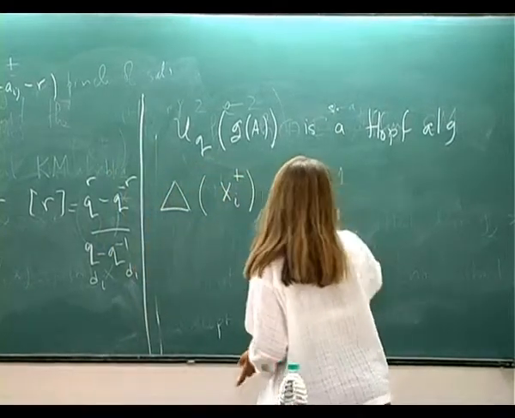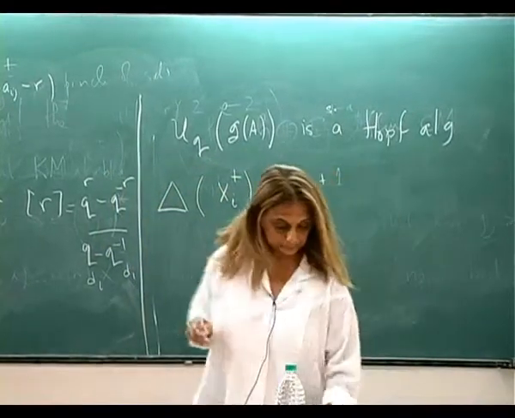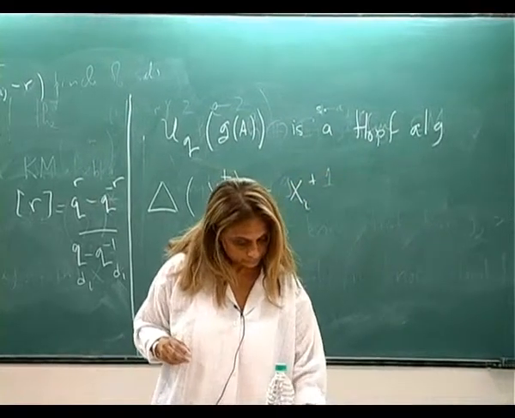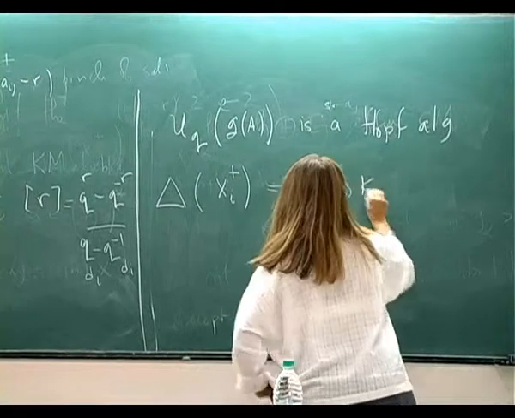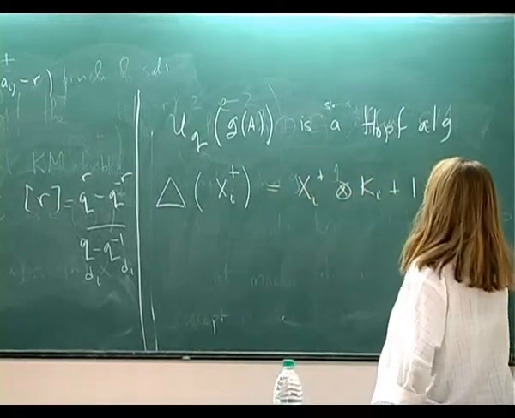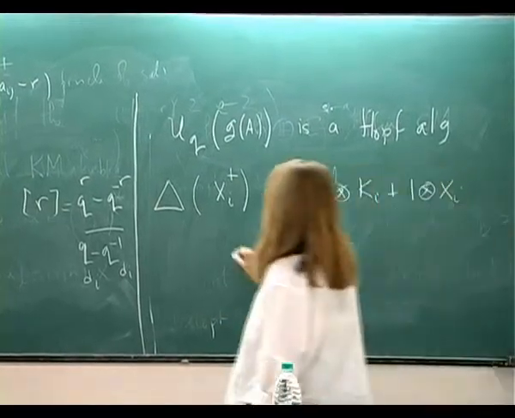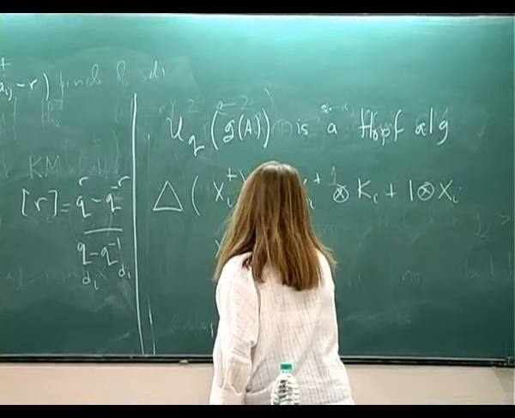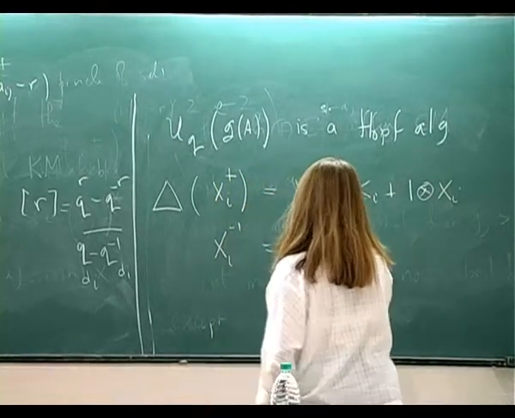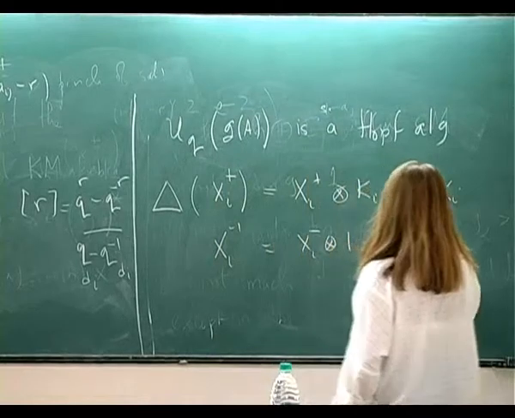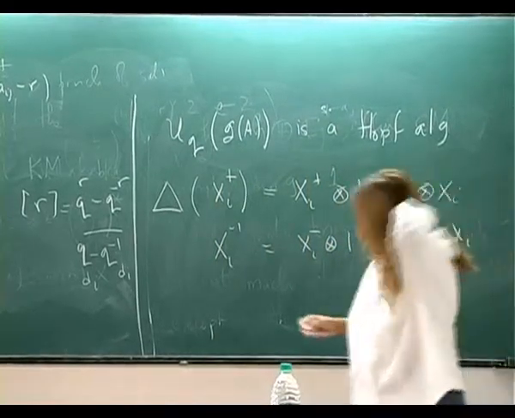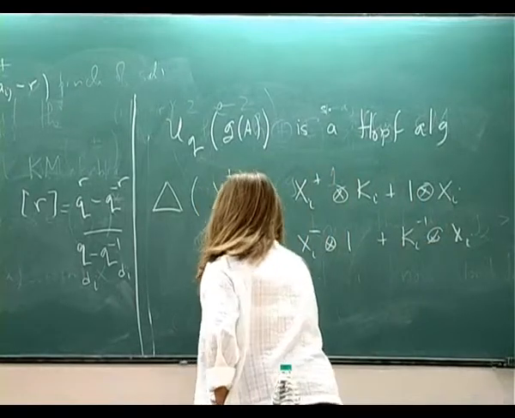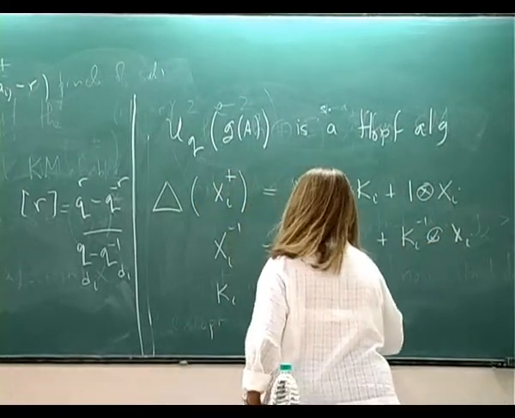Delta on xi plus is xi plus tensor ki plus 1 tensor xi. And on xi minus, it's xi minus tensor 1 plus ki inverse tensor xi minus. And on ki, it's ki tensor ki.